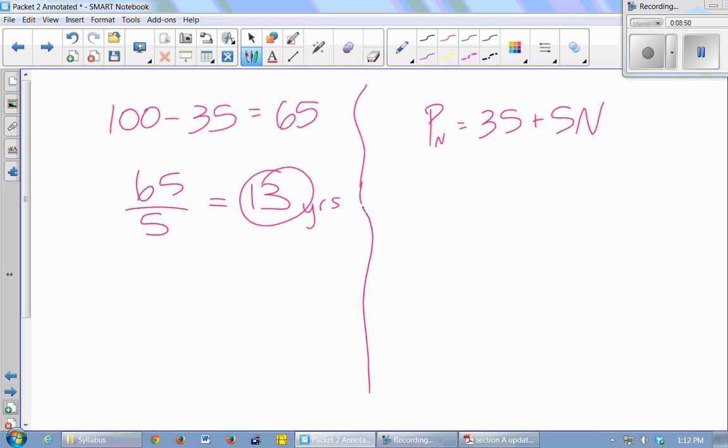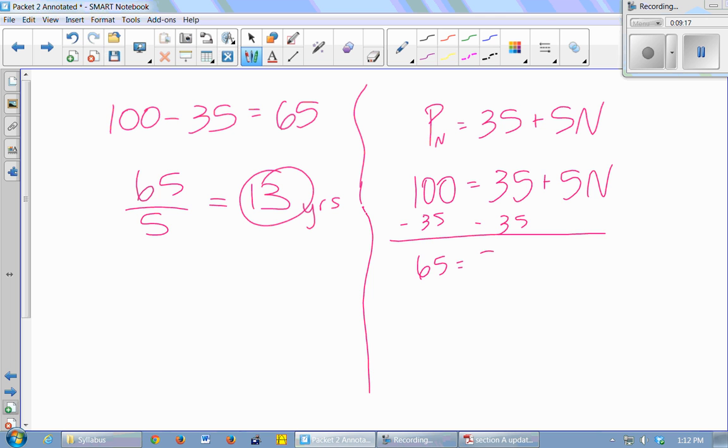Which variable? n is representing years, and P sub n is representing amount of waste, right? So if you make the P sub n 100, and we solve for n, the number of years, you're going to end up doing the exact same steps you did over there. First thing you're going to do is subtract 35, right? So we get 65 equals 5n, and then the next step would be divide by 5. So you get n equals 13.